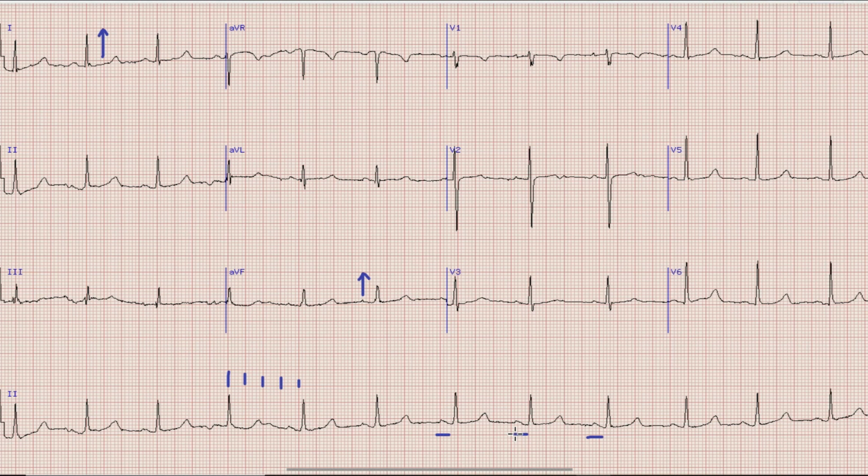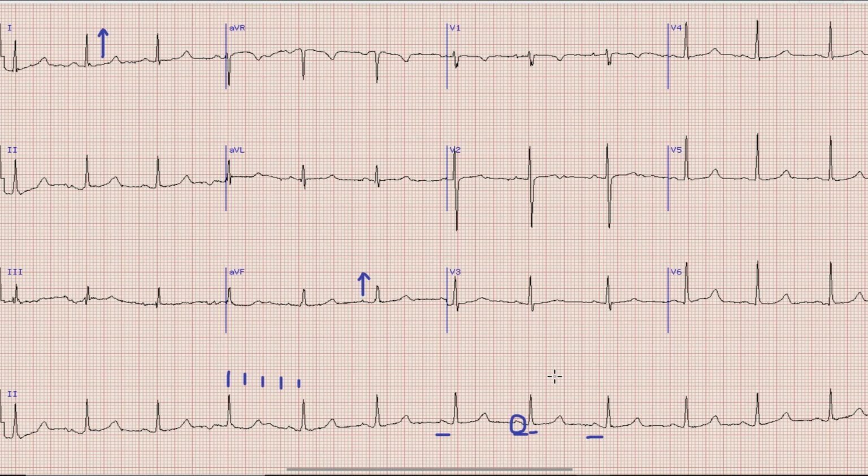Next we will look at the PR interval. As you can see, the PR interval in this case is within normal limits. That is, it is more than 120 milliseconds while it is less than 200 milliseconds, or 5 small squares. After the PR interval, we look at the QRS complex.